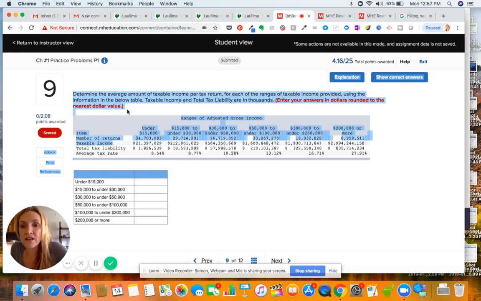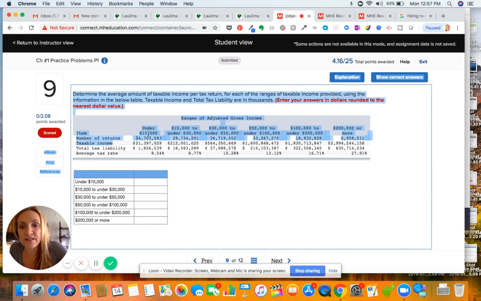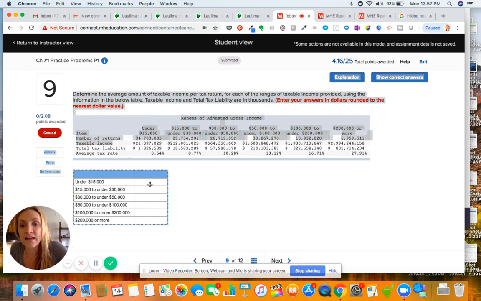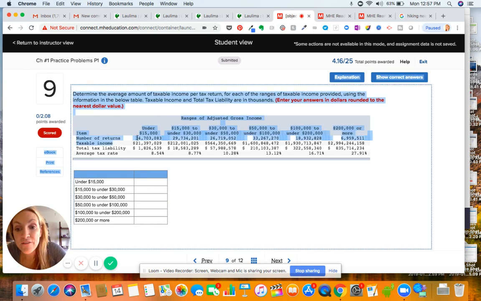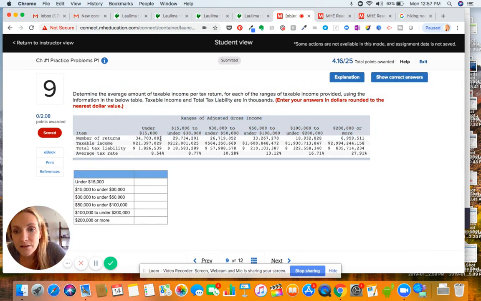Okay, so to fill this out down here, they're telling us to determine the average amount of taxable income per return for each range. So this is the under 15,000 range. Here we need to determine taxable income per return. So how would we do that? We have 34,703,083 returns, and then this taxable income of 21,397,028.